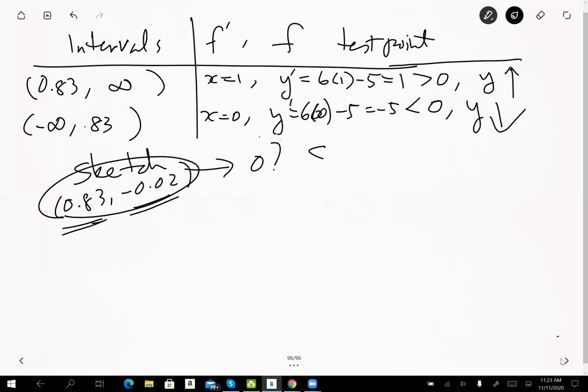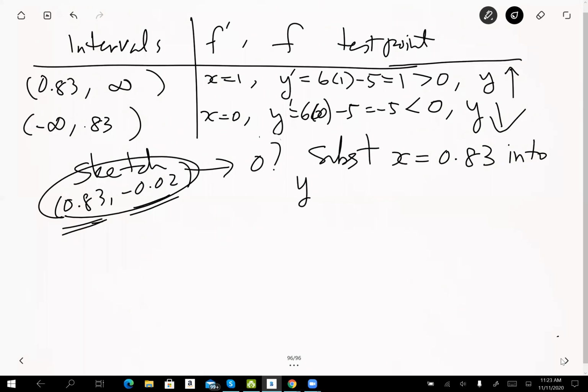Because you have to substitute x equal to 0.83 into the function, into y, not into y prime. We don't want the slope. You want the point where the slope is equal to 0.